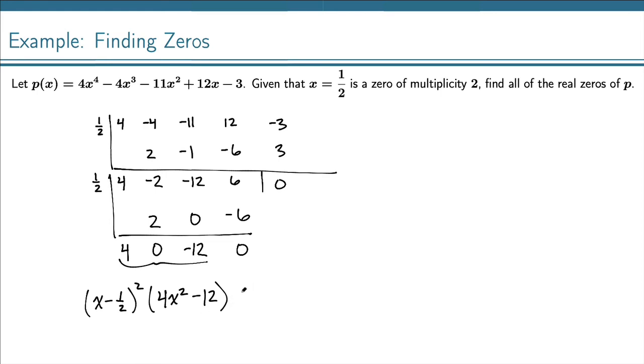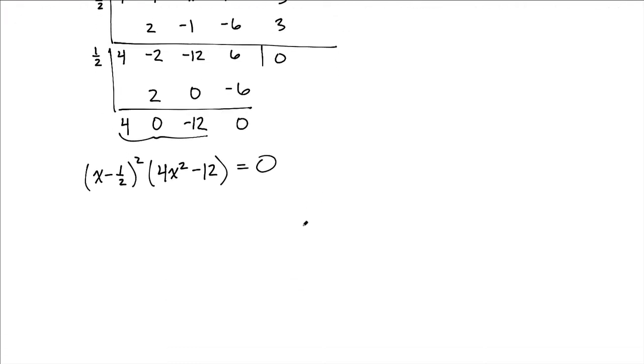We are finding the zeros, so we're setting this equal to 0. Now this is pretty easy, we can add 12 to both sides, divide by 4, and then take the square root. So x equals plus or minus the square root of 3.